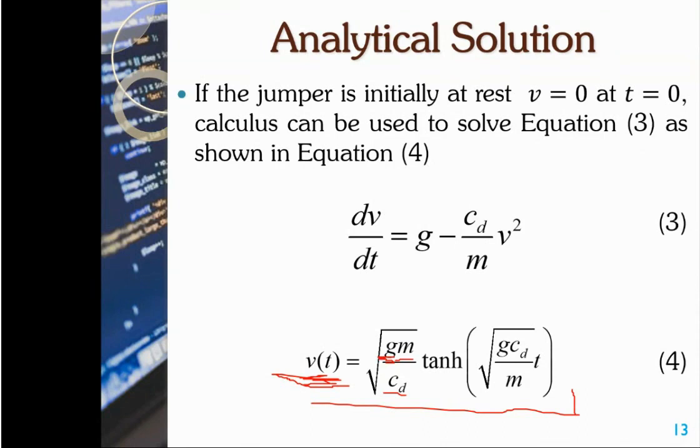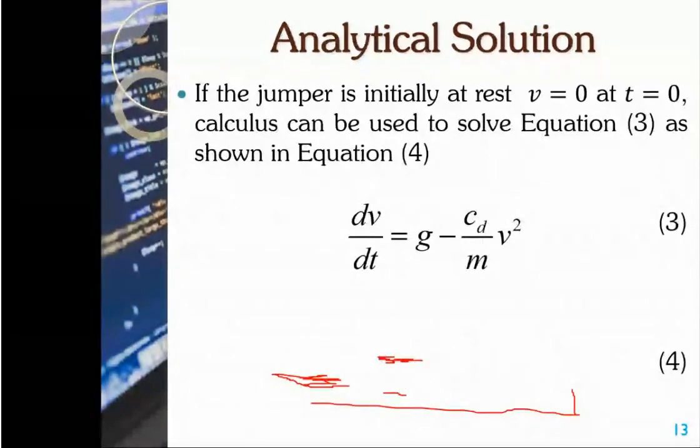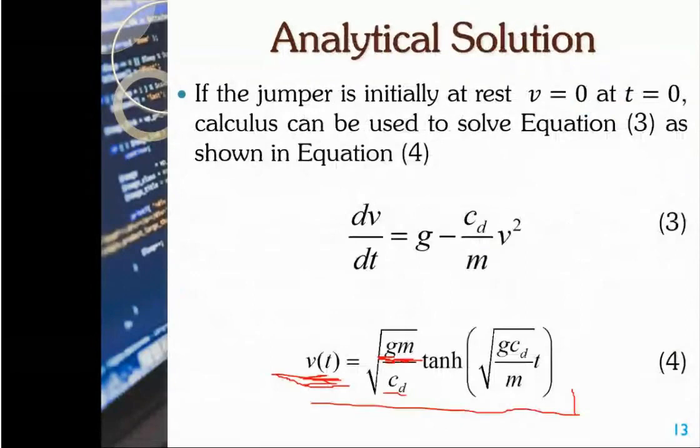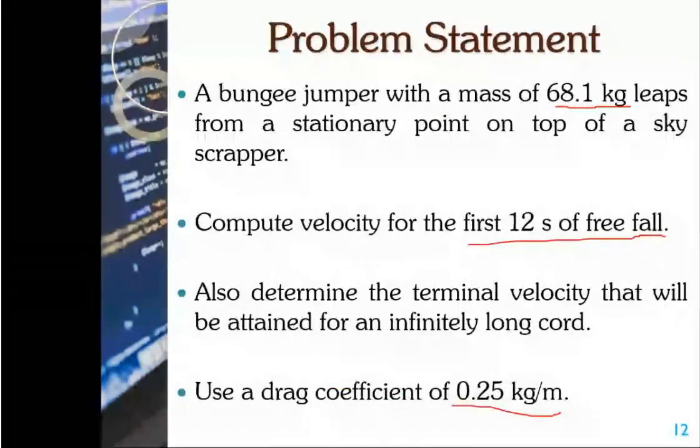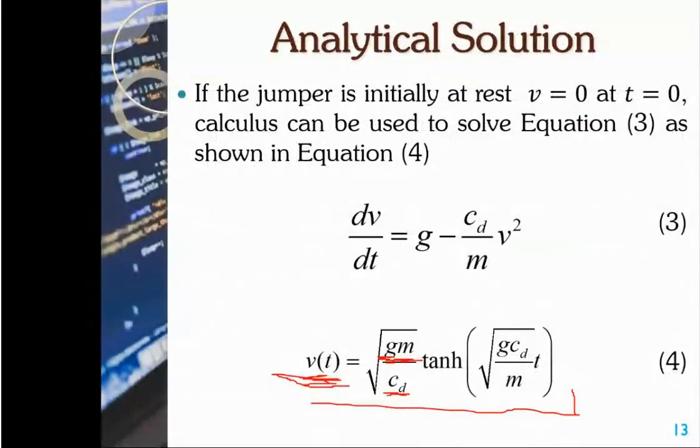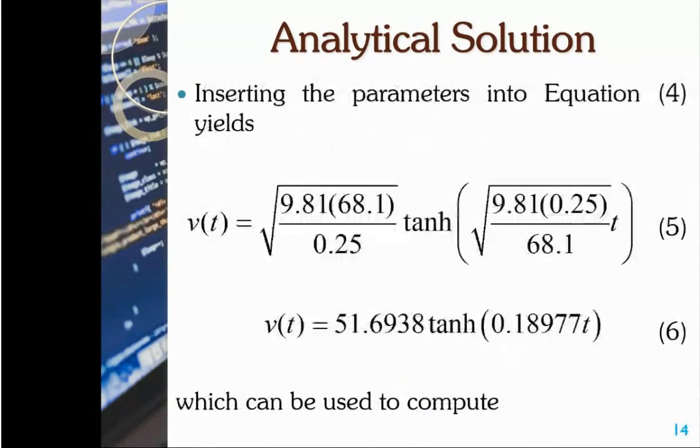For instance, we have our gravity to be 9.81. The mass of this jumper has been given to be 68.1. And we have the drag coefficient given to be 0.25. So all that we do is just put them in there, and we come up with our equation as we rightly have in here.